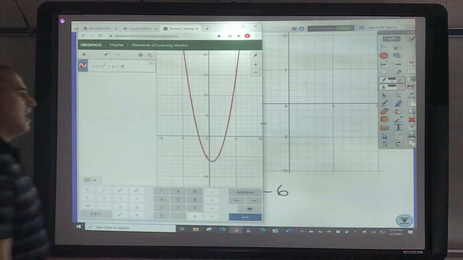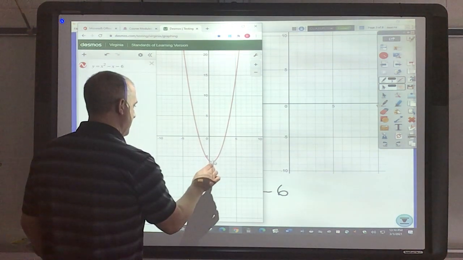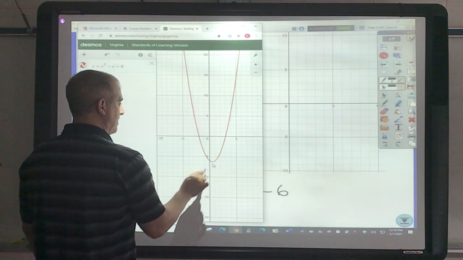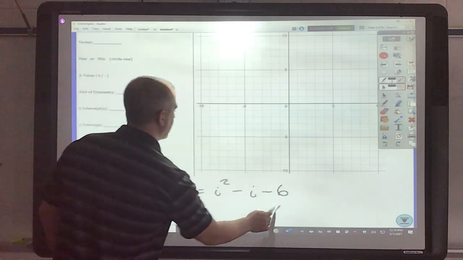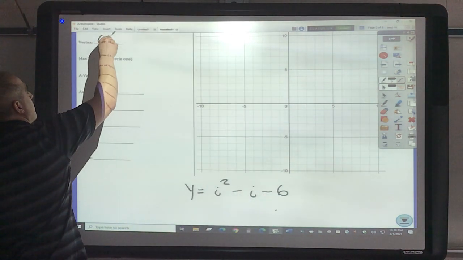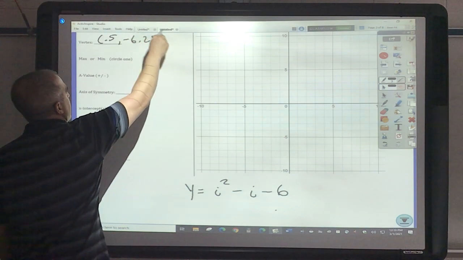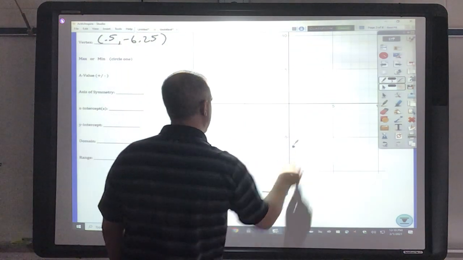I want to go ahead and find these things. If I click right here, it tells me what the vertex is. It's 0.5, -6.25. So I graph that, which would be right there.